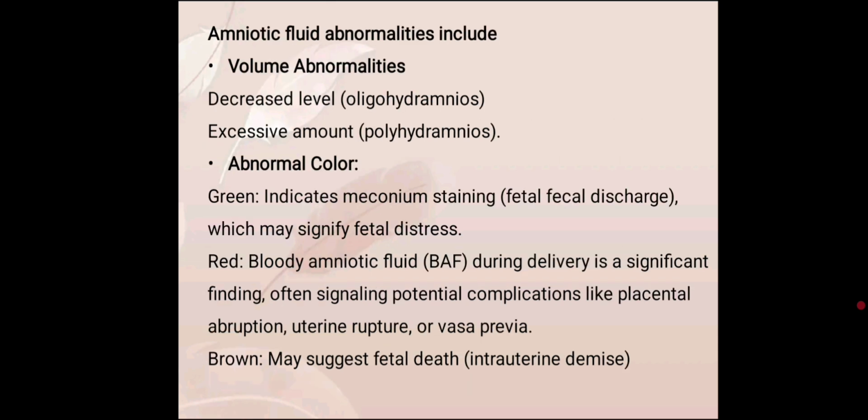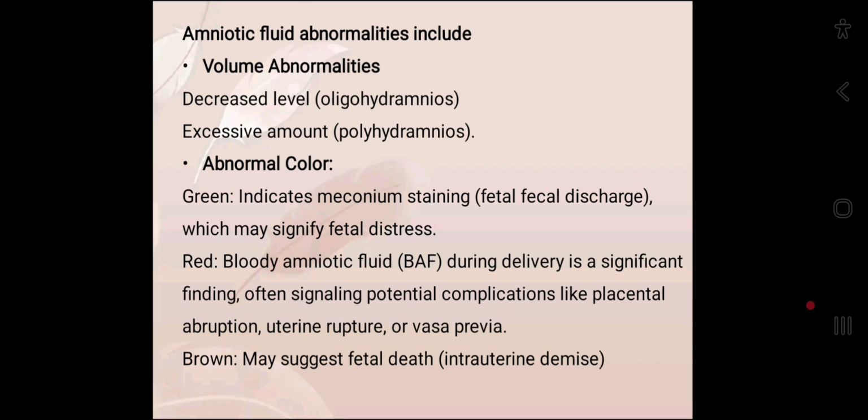The abnormalities of amniotic fluid include abnormality in volume, either a decrease or an increase. Decreased amniotic fluid is called oligohydramnios, and an excessive amount is called polyhydramnios. Another abnormality is in color. Typically, amniotic fluid is colorless; it will be green in case of meconium staining of the liquor.